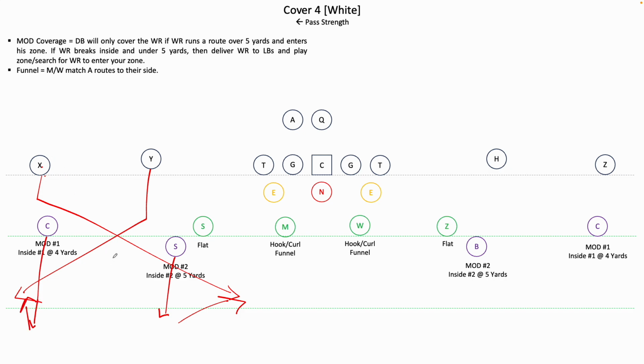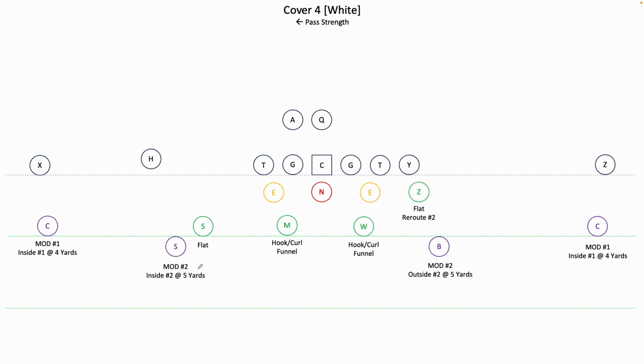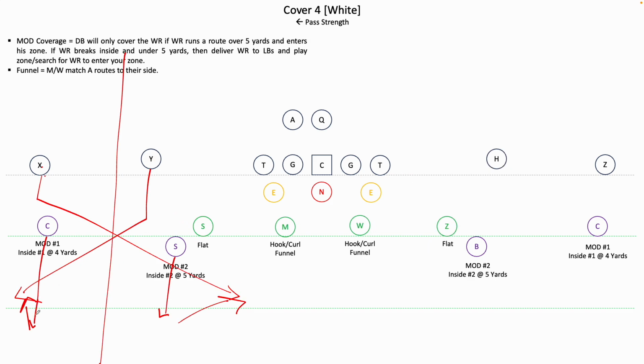Because if you think about this quarters coverage philosophy, this X never entered into your zone past 5 yards. He entered into the Spartan zone at 5 yards. Same thing with this Y.